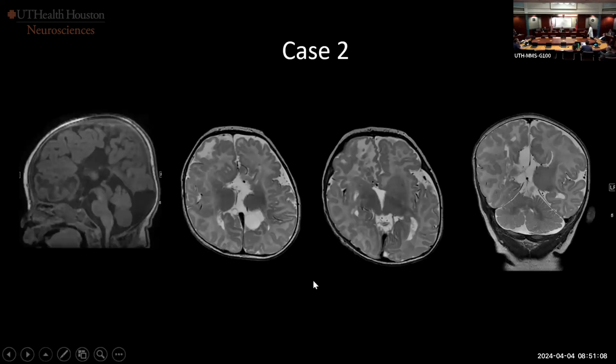Holoprosencephalic? So there's a bunch of migrational defects. Yeah, there's a bunch of migrational defects. These are a little bit more complex, as you can see, because they are not following the brain. This is cortical dysplasia. We're going to talk about the dysplastic syndromes when we do epilepsy, but this is clearly a callosal dysgenesis.